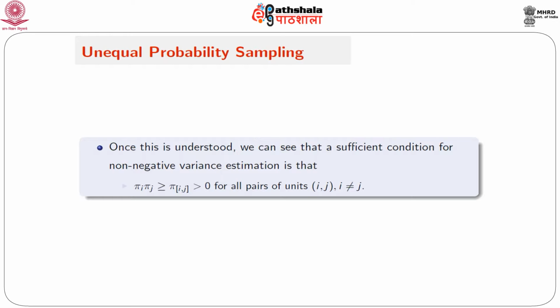If that happens, then you know that under a fixed size sampling design, your expression for the Sen, Yates, Grundy variance estimator is going to be non-negative, because that condition simplifies to non-negativity of pi i pi j minus pi ij. And of course at the end, the data driven quantity is a perfect square, so you have no problem.